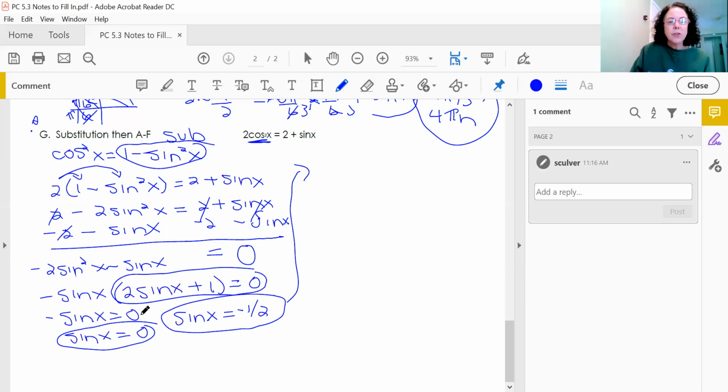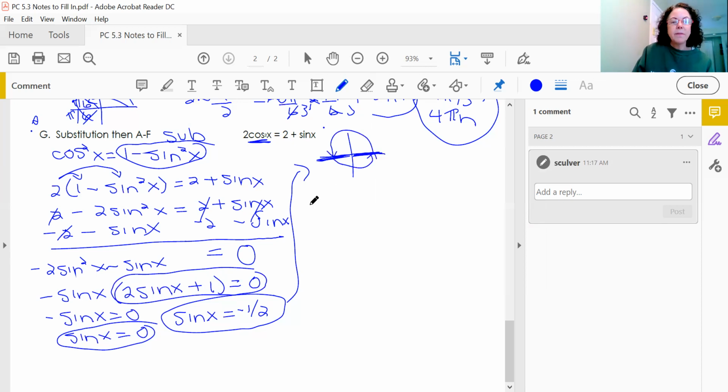So let's do, first of all, sine of x equals 0. Okay, let's draw a little picture. Sine of x is 0 at 0 and at 180 degrees. Notice then, that sine is 0 at 0, and it actually repeats every 180 degrees.